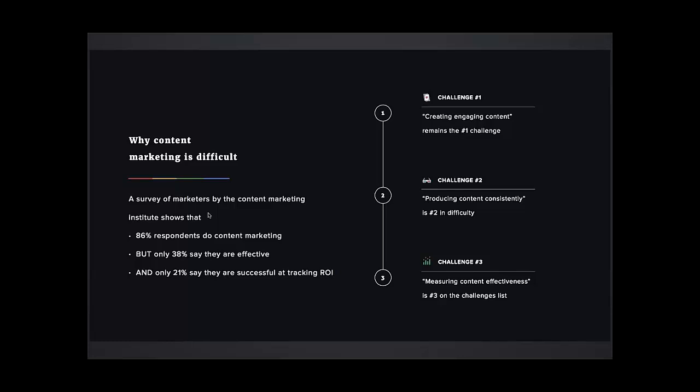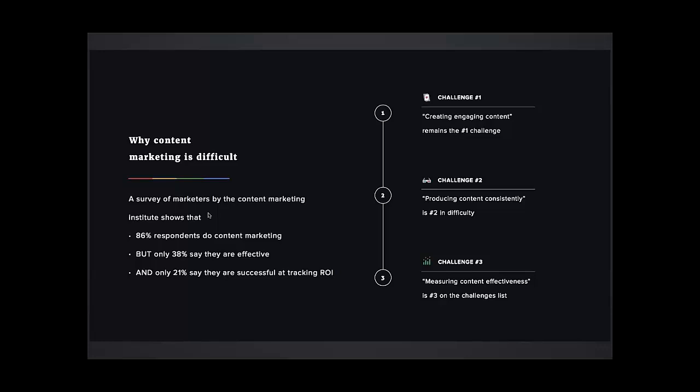The number one challenge in content marketing is creating engaging content. It has been the number one challenge for a very long time; in almost all the surveys of the Content Marketing Institute, this comes out as the number one challenge. Engaging content has to resonate with the audience. To understand whether it is engaging or not, there are certain metrics that people follow as a good indicator.